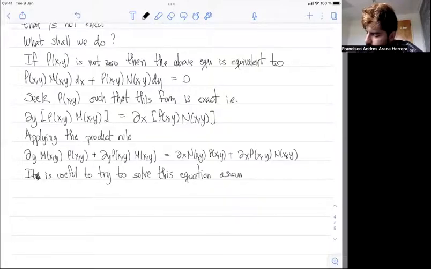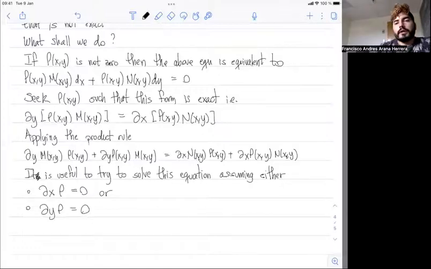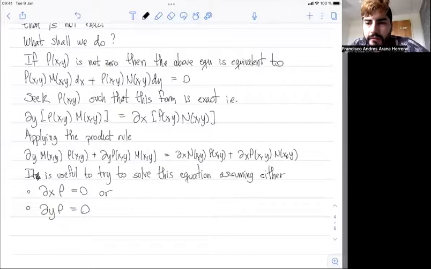Assuming either that the function rho has derivative with respect to x equal to 0, or that its derivative with respect to y is 0. It turns out that in many cases, if you make this assumption, you're still able to get a solution.